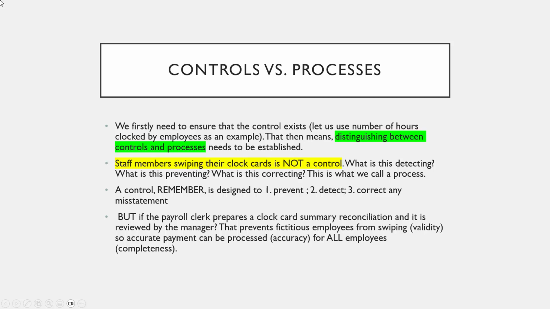So you can cross-check the clock card summary reconciliation to the payroll register, and that makes sure that accurate processing can happen for payment for all the employees on the payroll master file. And there we go, guys. Validity, accuracy, completeness. Tick. Master file access, you'd have to assess the logs to make sure that the payroll clerk has the right function to fulfill that particular role.